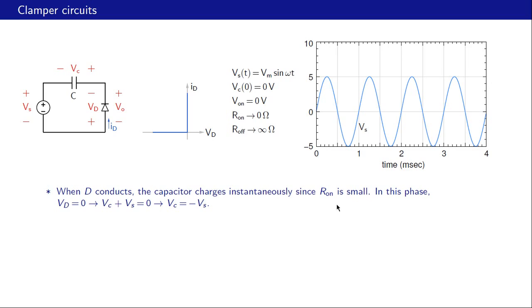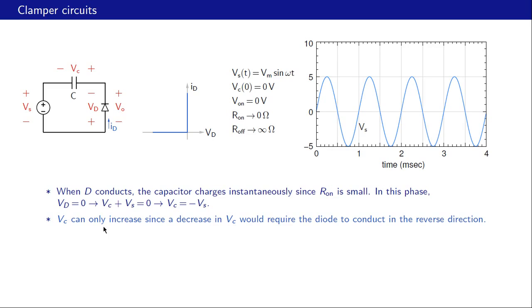And in this phase, Vd is 0. This voltage is 0 because we have V on equal to 0 volts. And what does it mean? That means Vc plus Vs should be equal to 0 because there is no voltage drop across the diode. And that tells us that Vc would be equal to minus Vs in this phase when the diode is conducting.